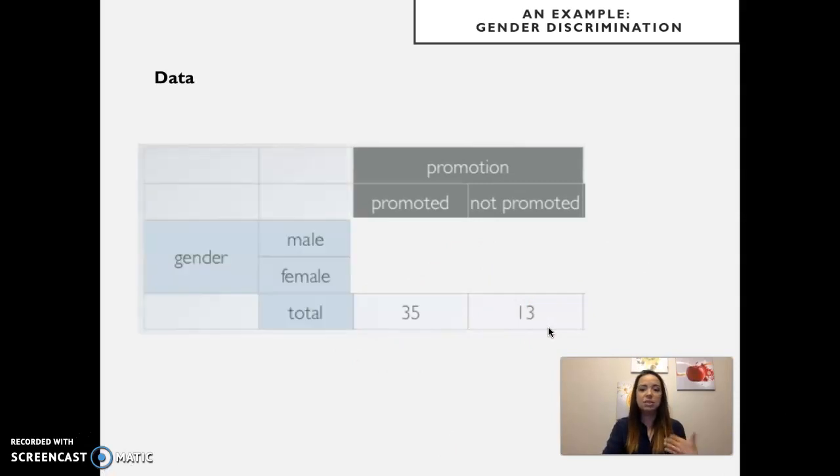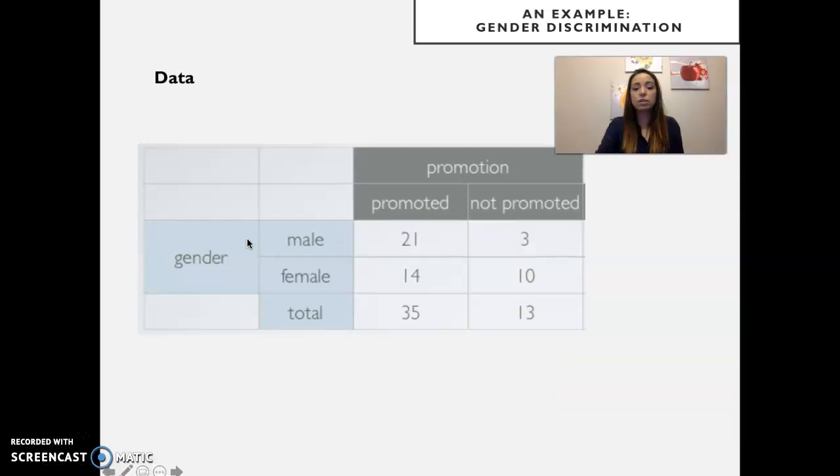But as I said, we need some breakdown of these totals based on whether the assigned sex shown in the file was male or female. So this is a contingency table because we're looking at promotion contingent on the gender that showed up in the file that they were making the decision about. So now let's look at the data carefully here.